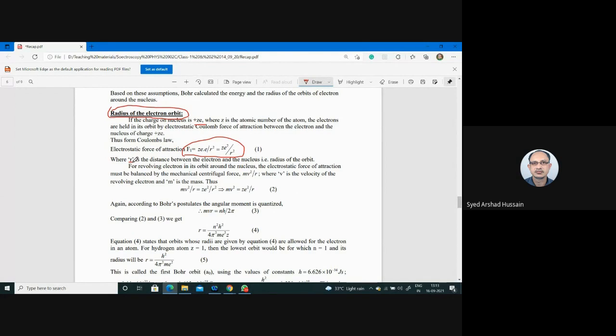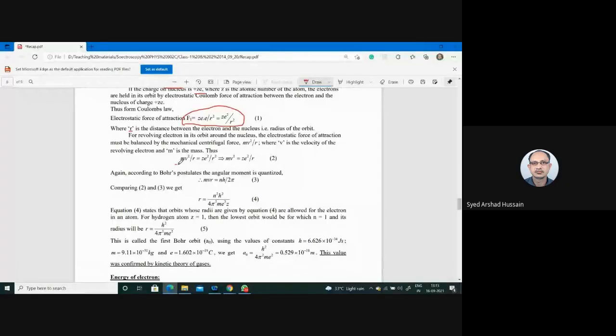Again, since the electron is revolving, there will be a mechanical centrifugal force mv² by r, if v is the velocity of revolution of the electron and m is the mass.